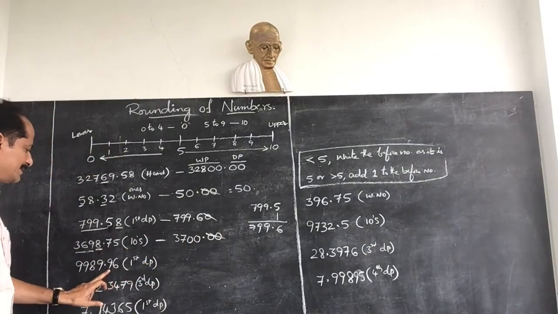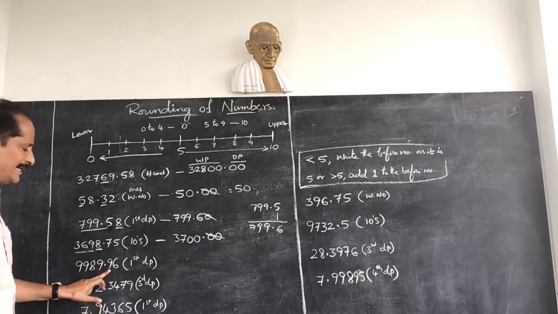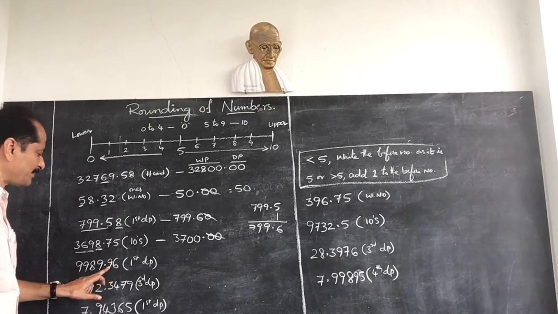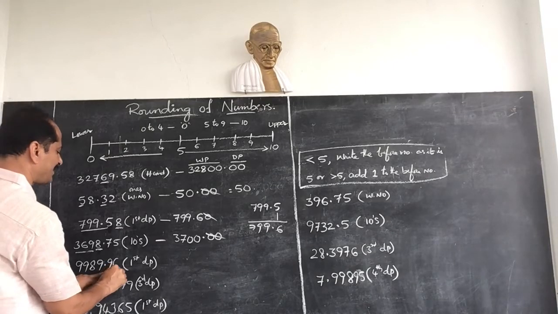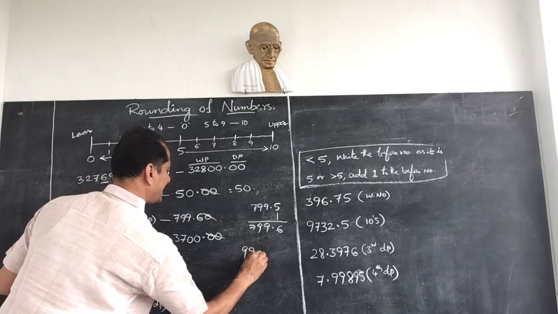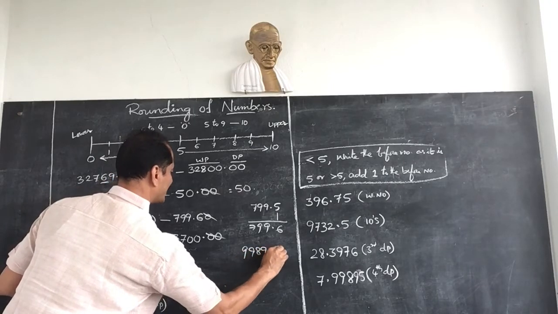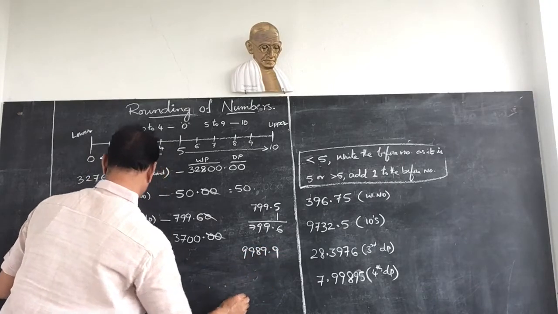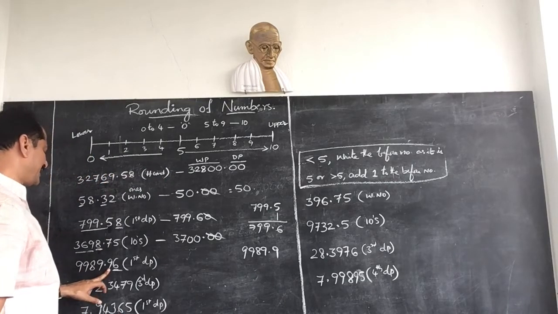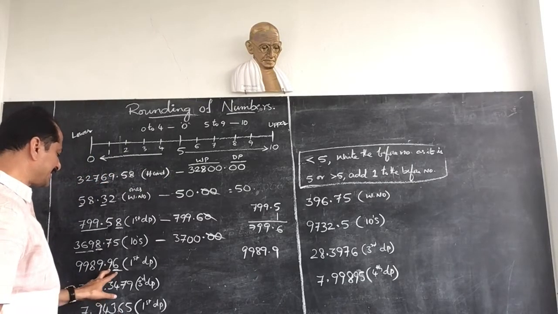First decimal place. The first decimal place is easy. Next lower than the first decimal place is the second decimal place. The digit in the second decimal place is 6. 6 is greater than 5. So add 1 to the before number. Add one to 9989.9.